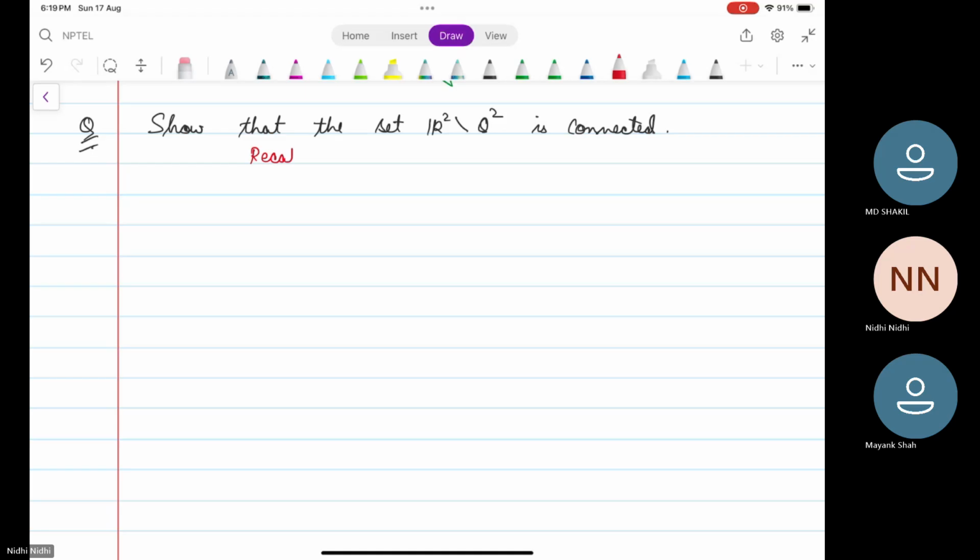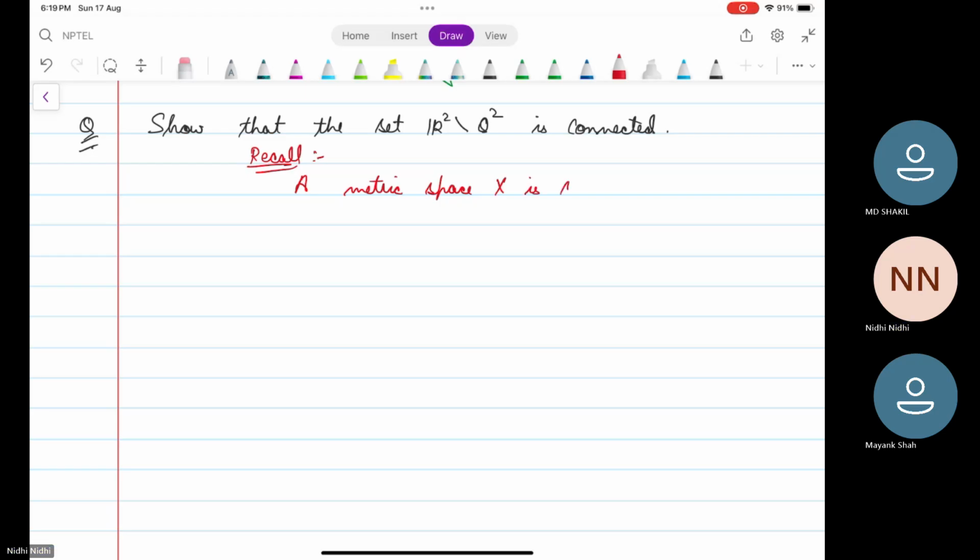Recall, a metric space X is said to be connected, or I'll start with the definition of disconnected, and whatever cannot be disconnected is connected.